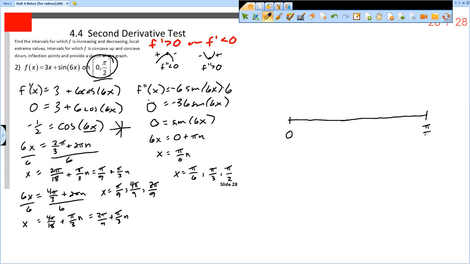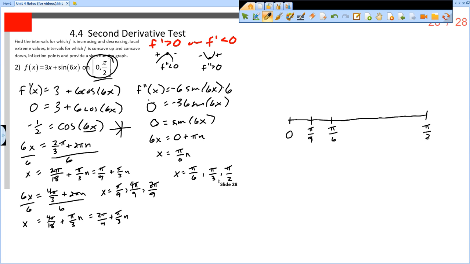So we want to start with our endpoints on the number line: 0 and pi over 2. Then we need to put these numbers, pi over 9, right? So pi over 9 goes first. Then we have pi over 6, then pi over 3, or 4 pi over 9.